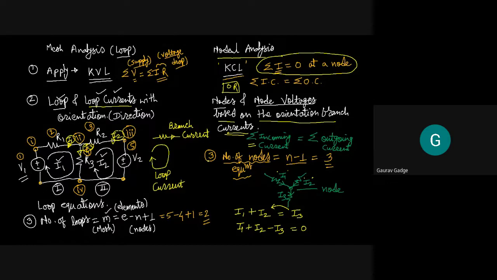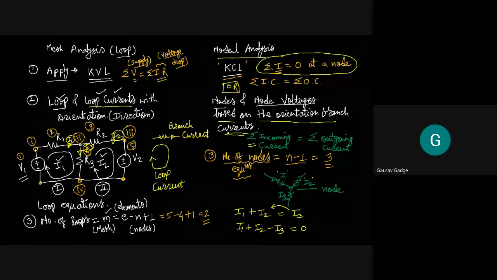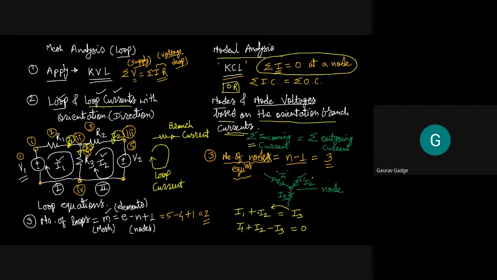So in nodal analysis, KCL is applicable. Node and node voltages are important, but that completely depends on the orientation of a branch current. The equation is incoming current is equal to outgoing current. Number of node equations can be found out by using n-1, equal to 3. If I just consider this particular example, I can write I1 plus I2 equal to I3.